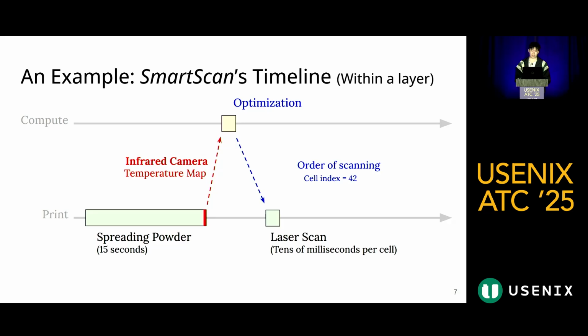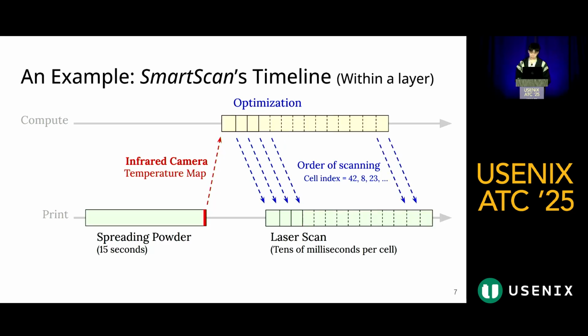So each optimized cell index is decided and sent to the printer on the fly with a time constraint of tens of milliseconds, very strict, depending on how long it takes for the laser to scan the previous cell. So any delay would make the prediction obsolete and hurt the printing quality. So this is repeated for each cell in the layer until the print finishes.